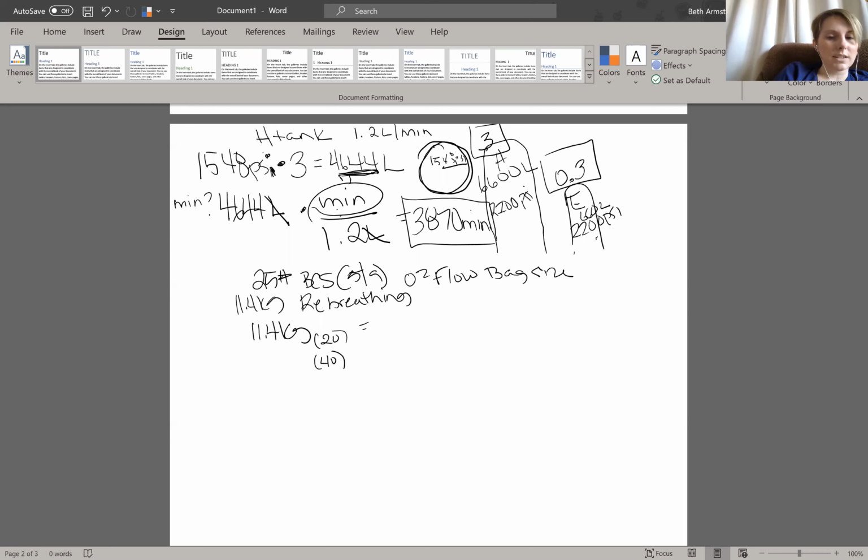So what do we get for 11.4 times 20? 456. And then 4. Awesome. So how many mils of O2 are we going to run for this patient at least?